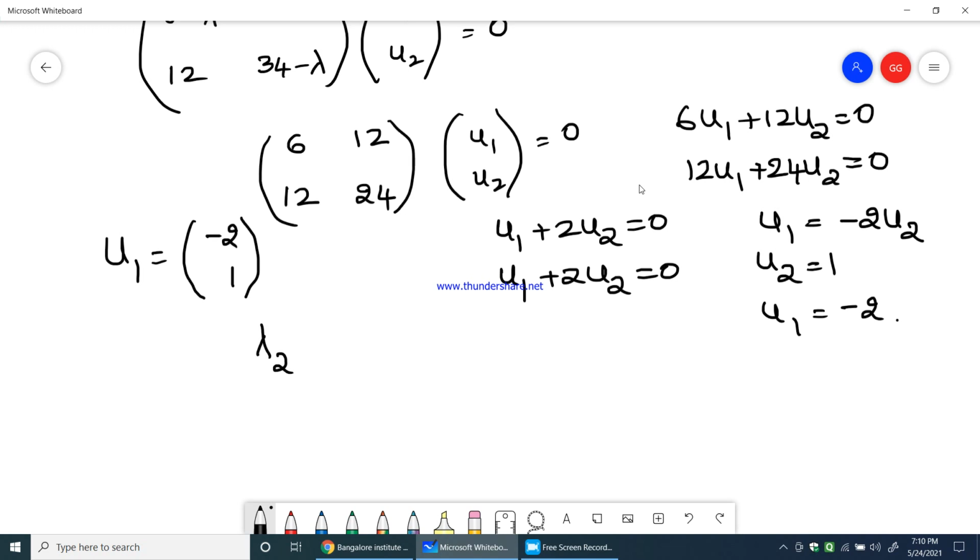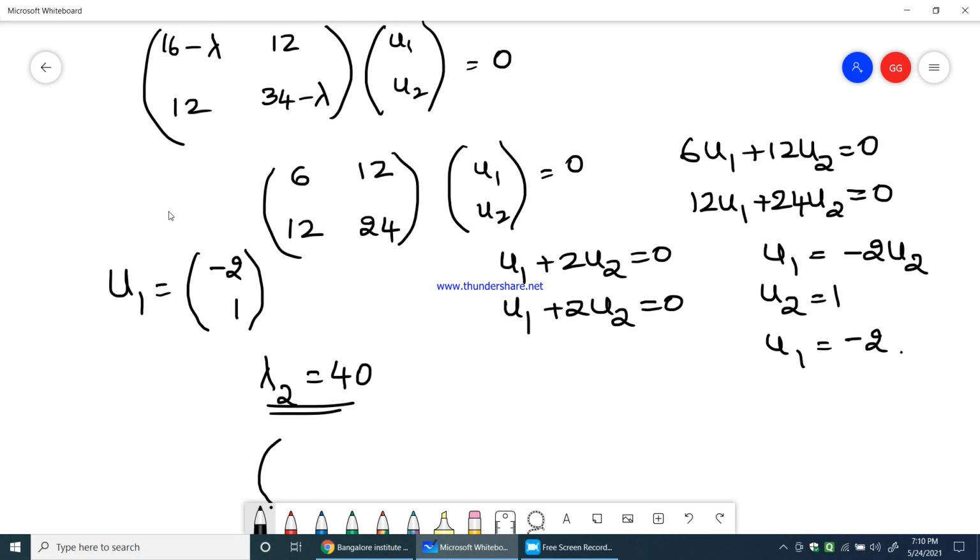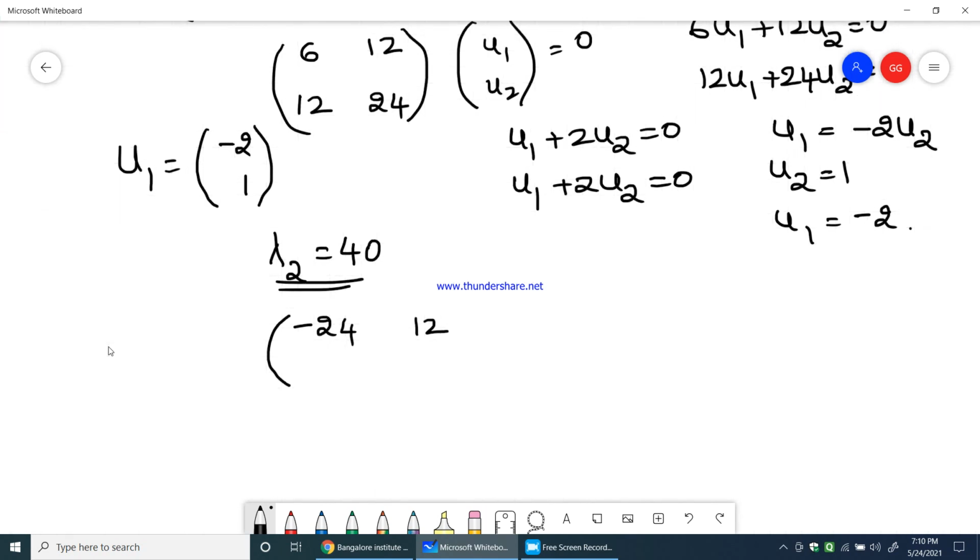Now let me take the vector when lambda 2 is equal to 40. 16 minus 40 is minus 24, then 12, 12, and 34 minus 40 is minus 6, into U1, U2 equals 0.